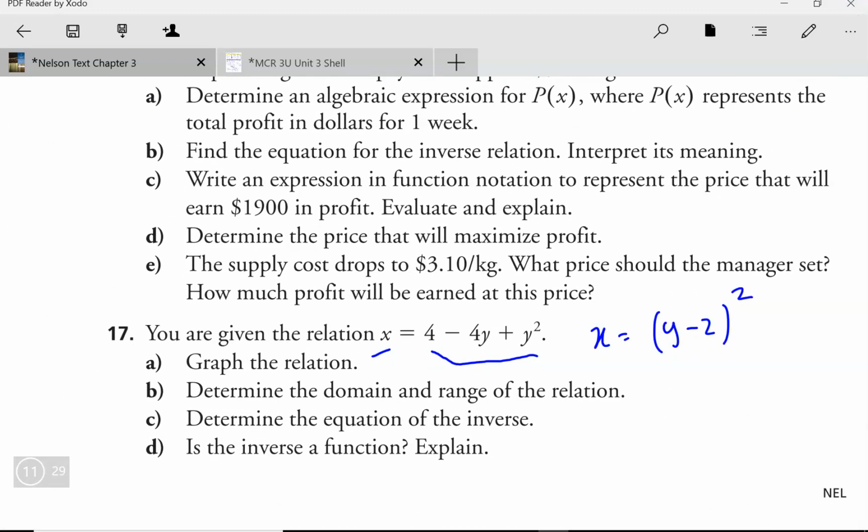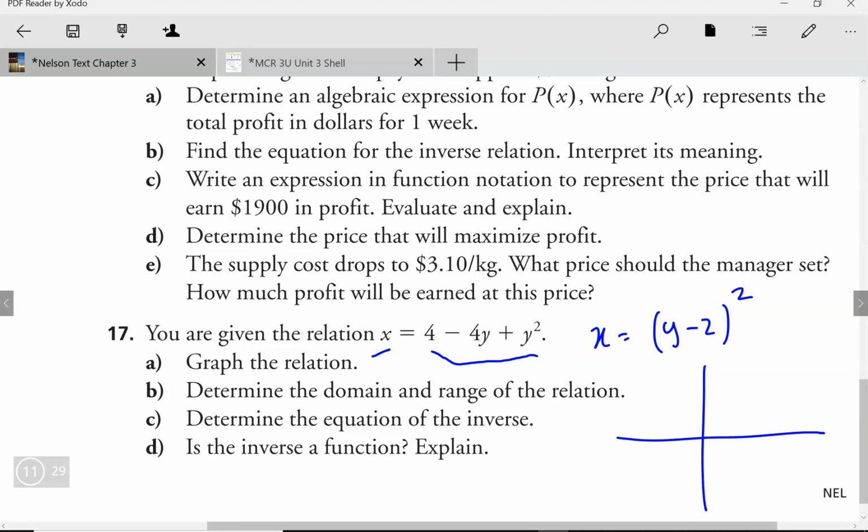But the idea here is this would actually look like a sideways parabola. So if this was the right way up, our vertex would be (2, 0), but now (0, 2) is our vertex.